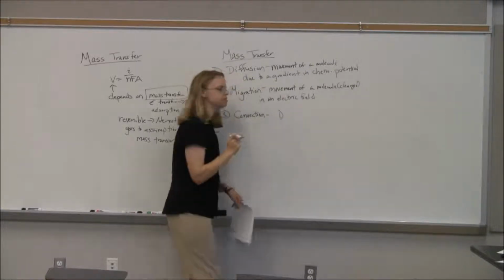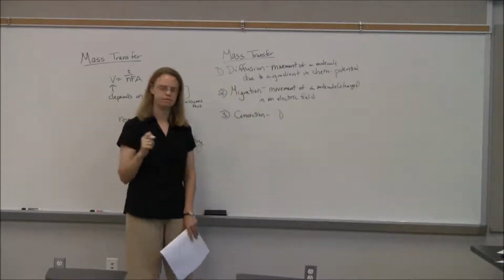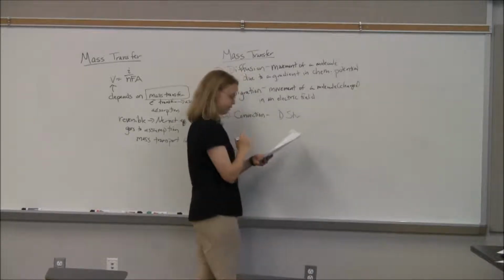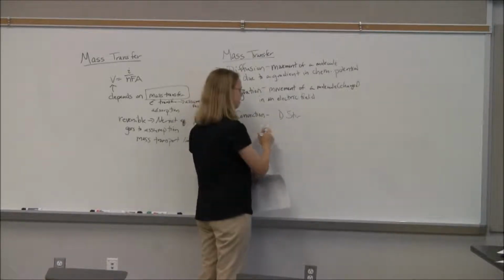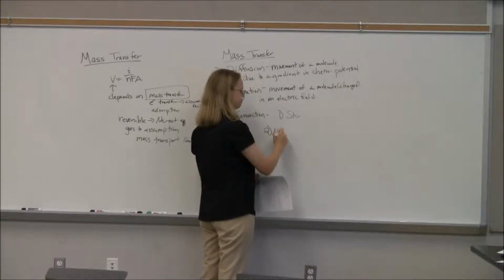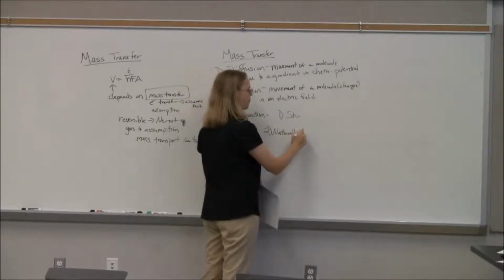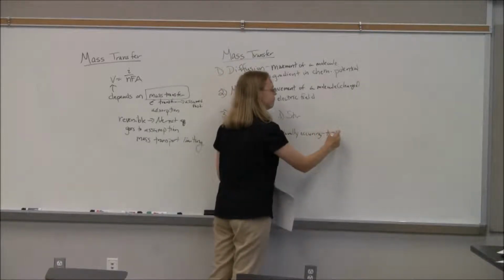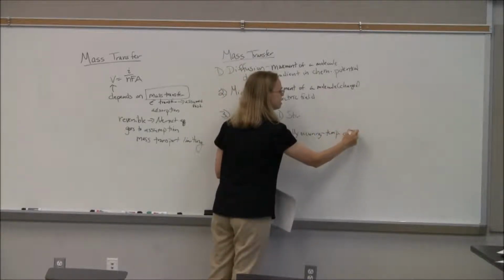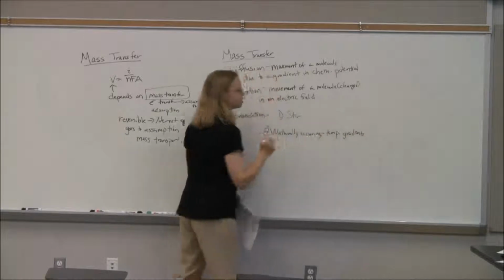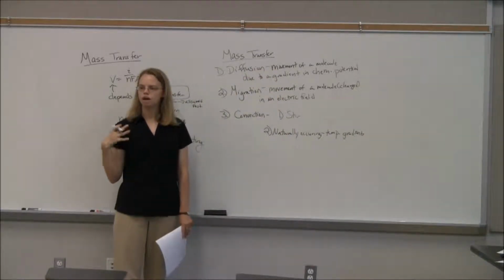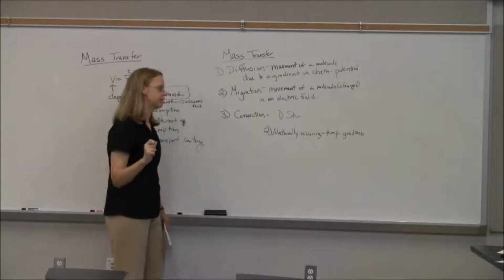It turns out that in electrochemistry, we like to stir a lot. So there's naturally occurring convection, which has to do with temperature gradients. These cause a change in density and cause things to move.